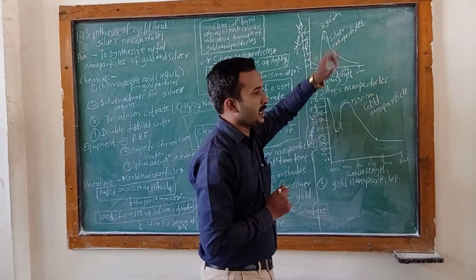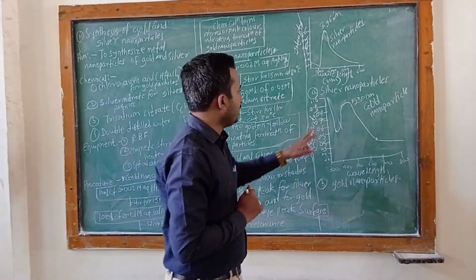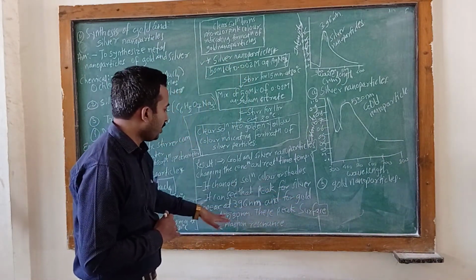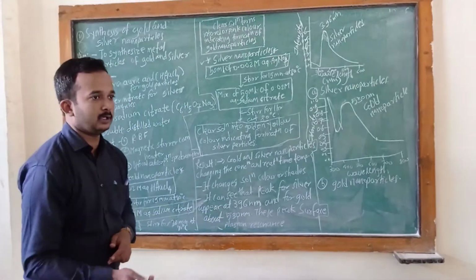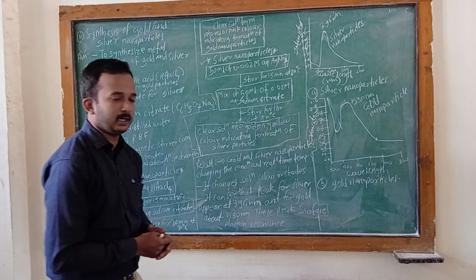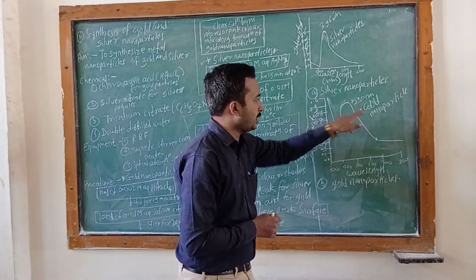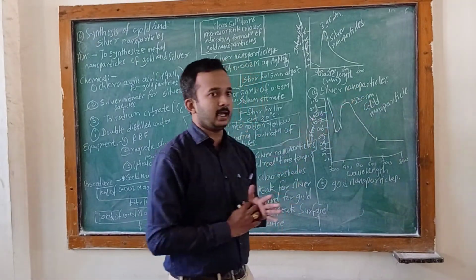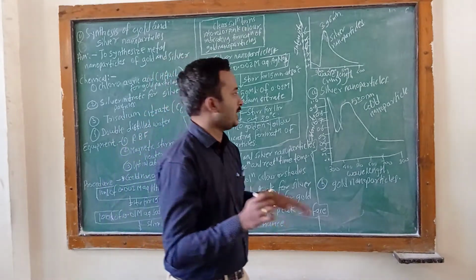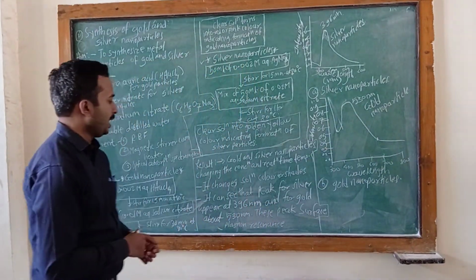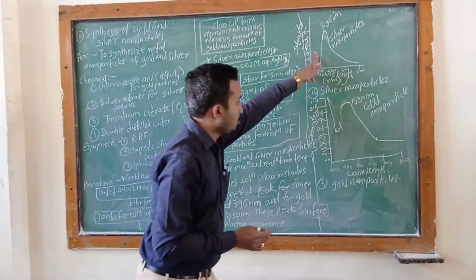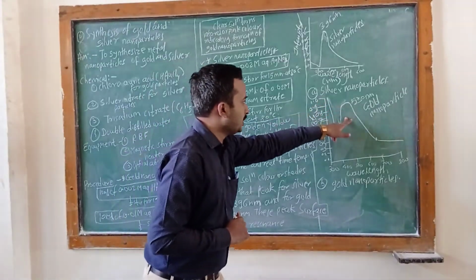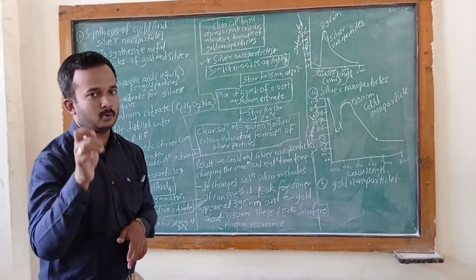For gold, the peak is at about 530 nanometer, and this peak shows that gold nanoparticles are formed. These two peaks are known as surface plasmon resonance.